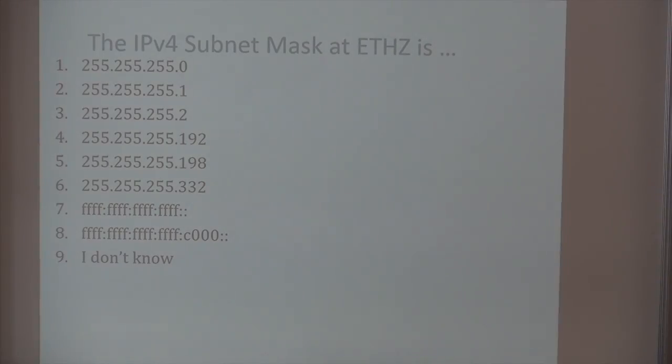Last question of this module. I mentioned that at our sister school in Zurich, ETH, the subnet mask is 26 bits. So if you go for a visit to ETH and you want to configure your machine, which probably will be done automatically, but if it's not done automatically because you want to insert yourself into the Ethernet network, what mask will you need to put for IPv4?